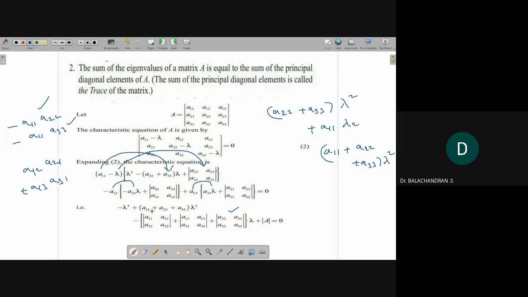Here minus, minus of minus is plus. Similarly, this diagonal, A13, A31. So I got the coefficient of lambda. And finally, the determinant of A, here I have.